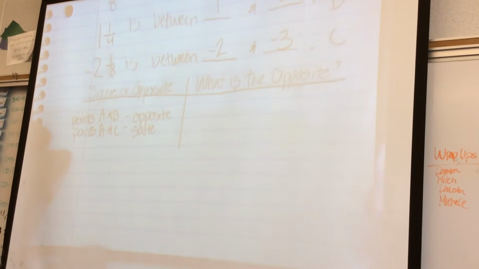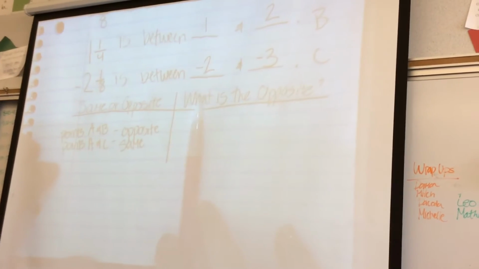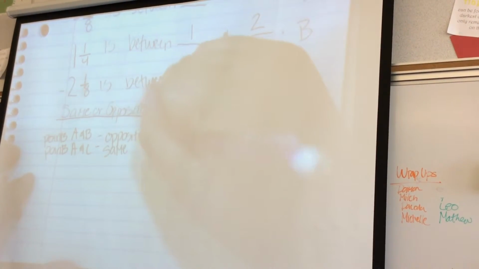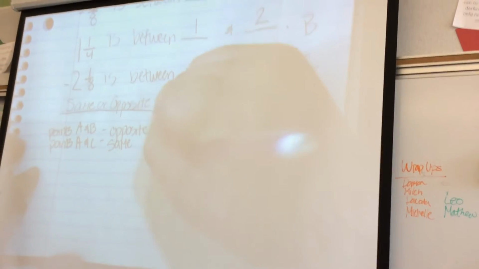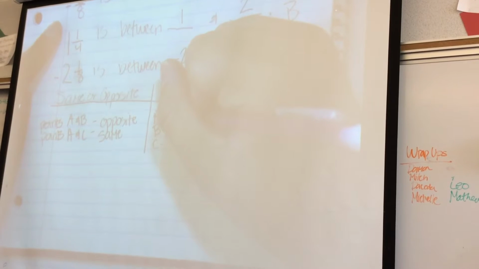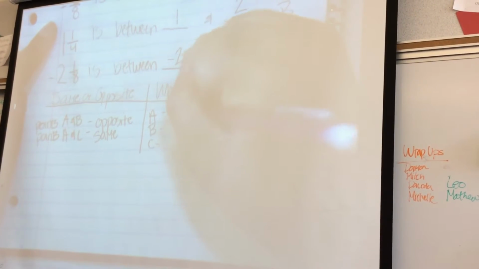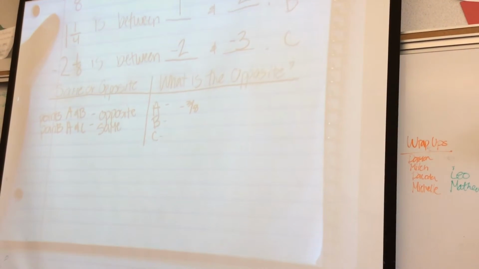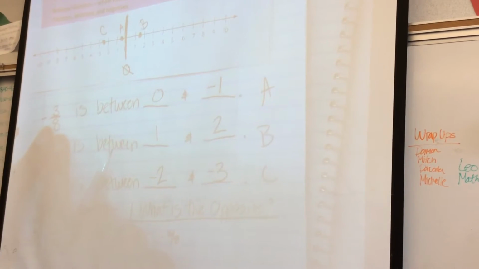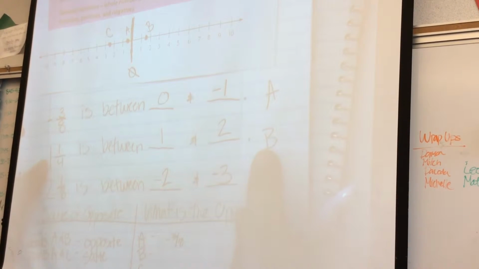Okay. So now I want to know what's the opposite. So I'm going to write a couple of points down. My first point is A, then B, then C. My first point is negative 3/8. My second point is what?